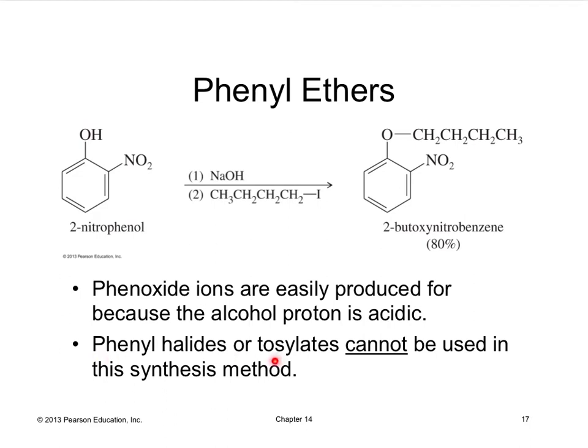So phenyl halides or tosylates cannot be used. This is key for a synthesis method. Instead of using the phenyl part for the halide or the tosylate, you always deprotonate using a base to make the phenoxide ion. Keep that in mind.